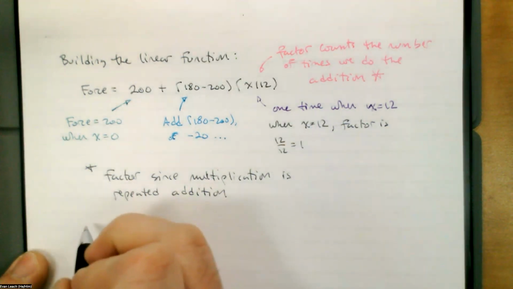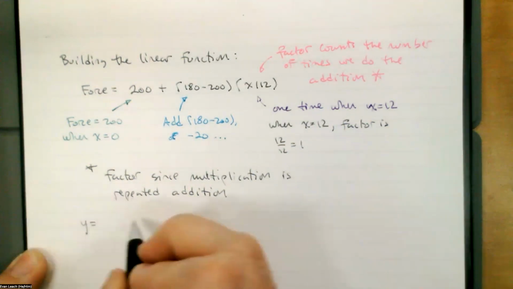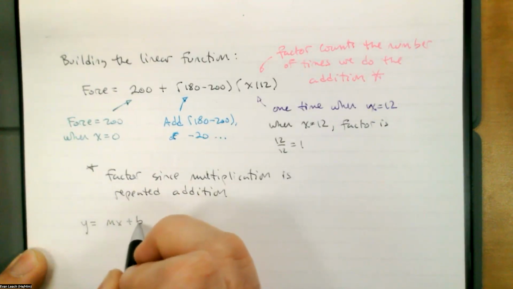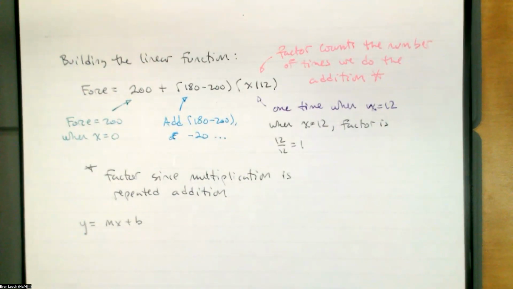So instead of looking at linear functions as y equals mx plus b, for this one, I see this and I see Drake disapproving.